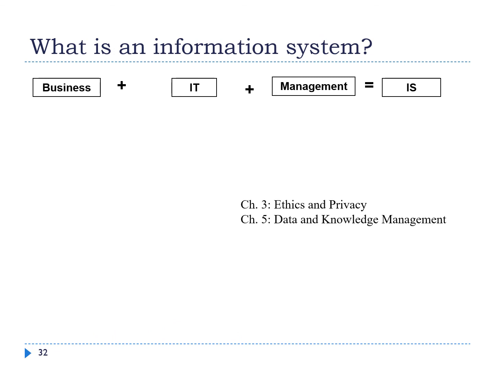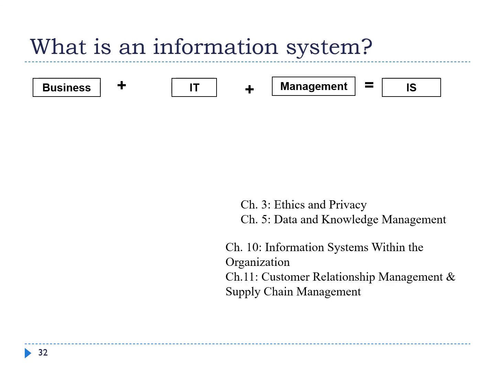For the management part, we will discuss ethics and privacy in Chapter 3 and knowledge management in Chapter 5, information systems within the organization in Chapter 10, customer relationship management and supply chain management in Chapter 11.